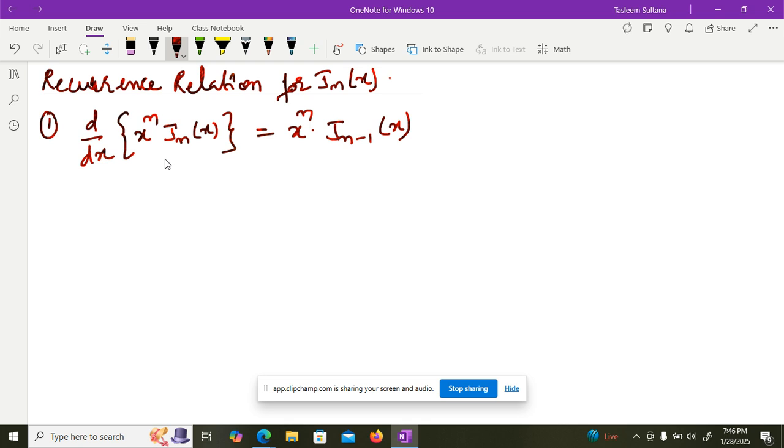This we have to prove. This can be any number in the textbook, but I have picked it as the first recurrence relation for our class. So by using the Bessel function of the first kind, we can show that d by dx of x to the power of n Jn of x equals x to the power of n into J n minus 1 of x.